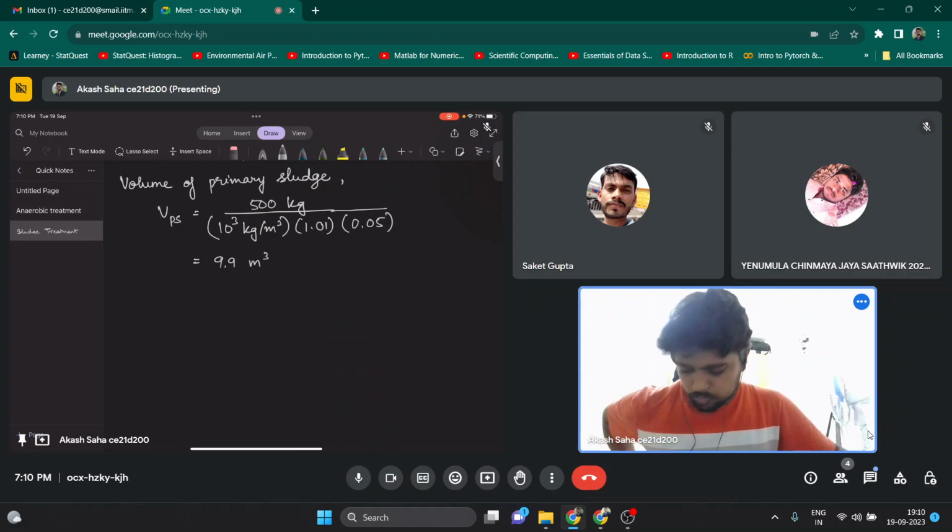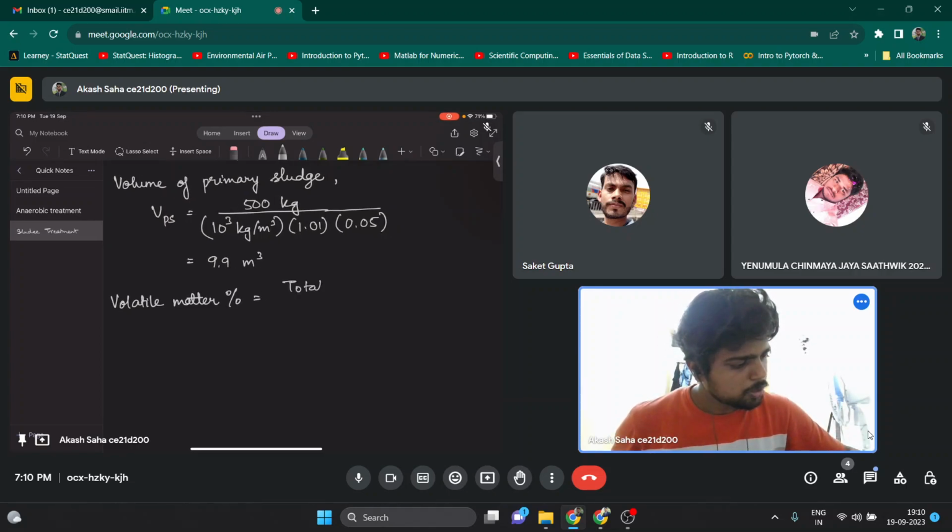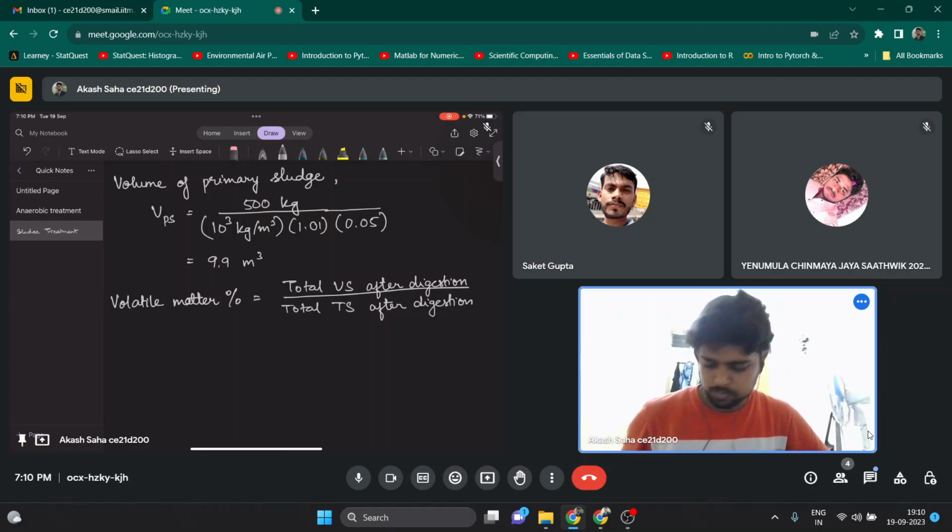First we have to find out the volatile matter percentage after degradation. So my volatile matter percentage will be equal to the total volatile solids after digestion, divided by the total solids after digestion, into 100.